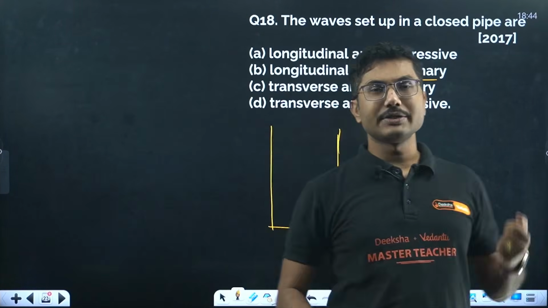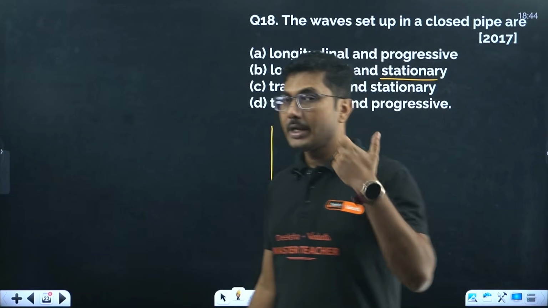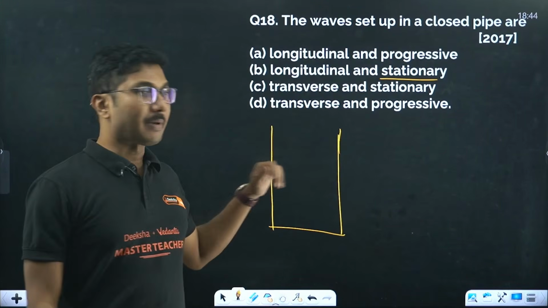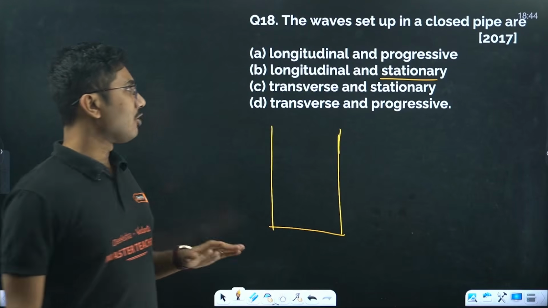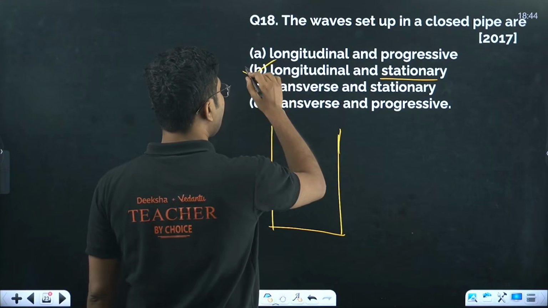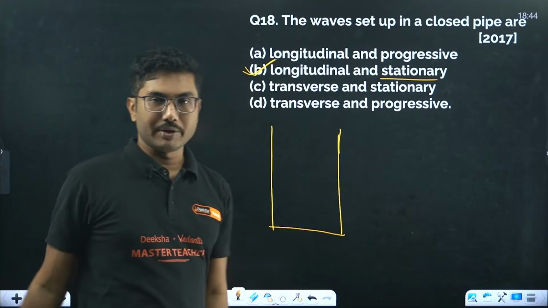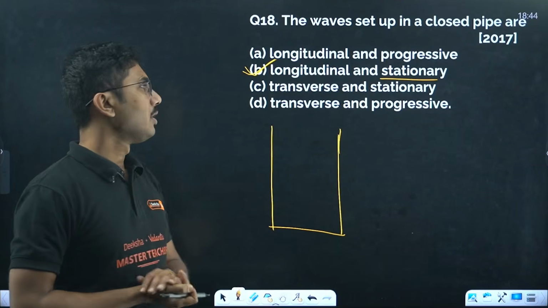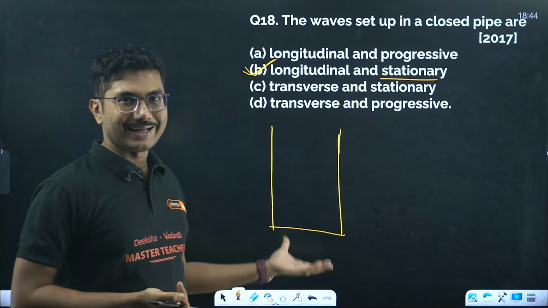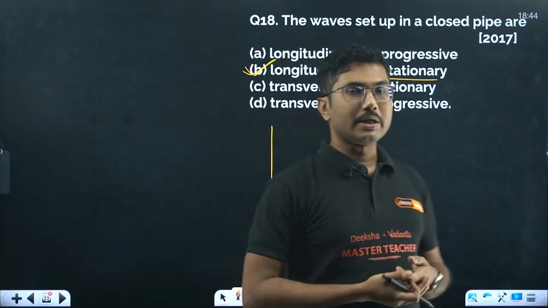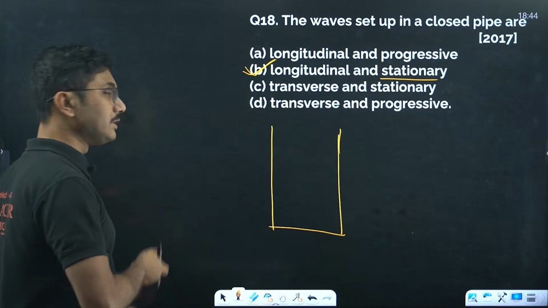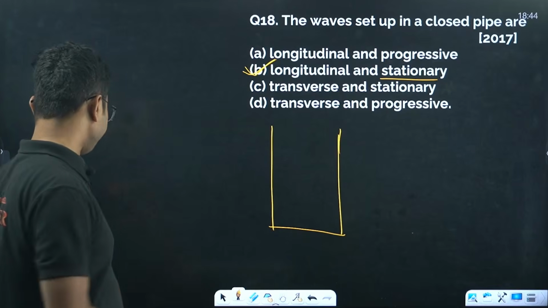So strings always produce transverse and stationary waves, whereas any organ pipe always produces longitudinal and stationary waves. So any sound instrument is based on stationary waves, and based on whether it is air or solid, it produces longitudinal or transverse waves. Solids generally produce transverse waves.